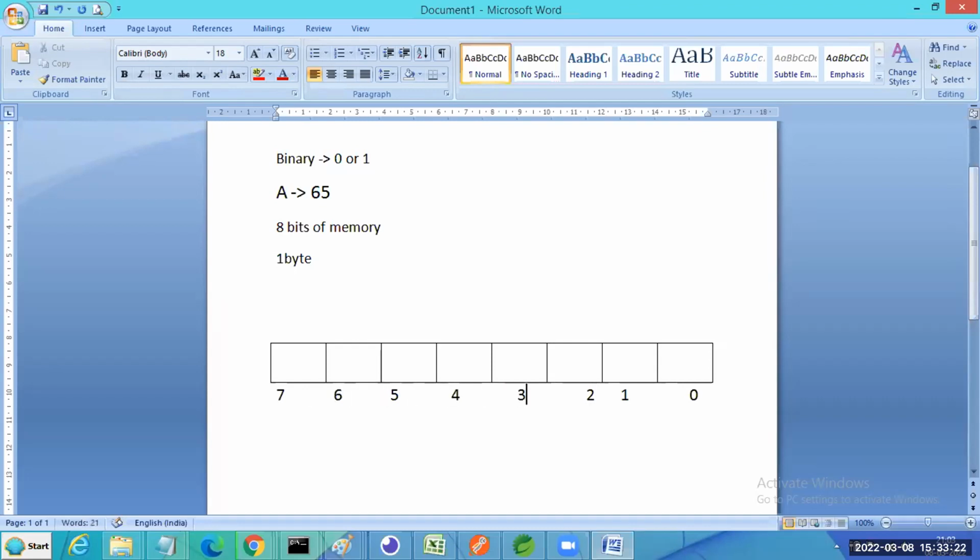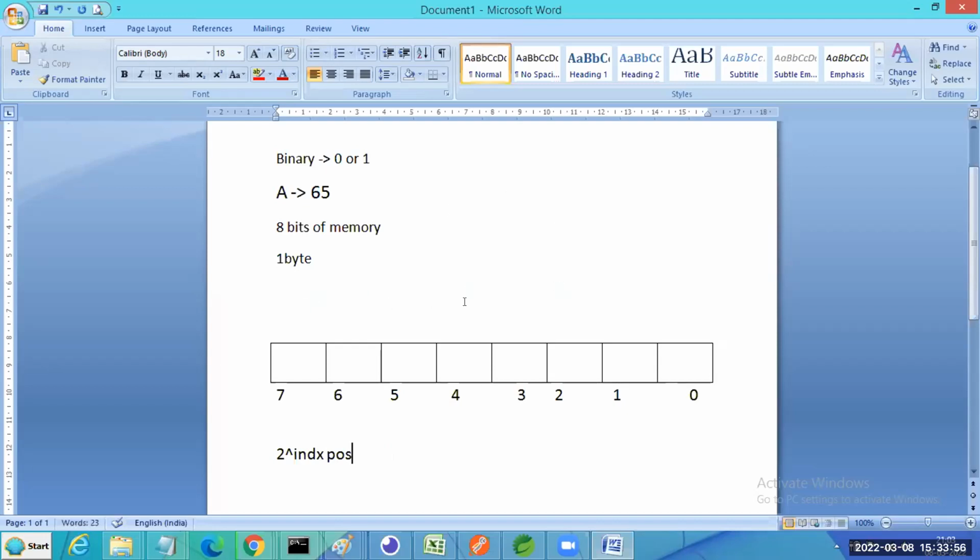Super. What is the formula to calculate this? 2 raised to the index position equals the number, right? Yes, this is the formula, 2 raised to index position.